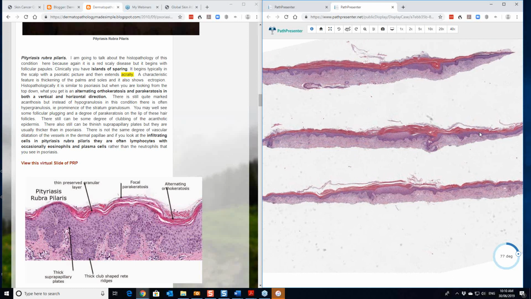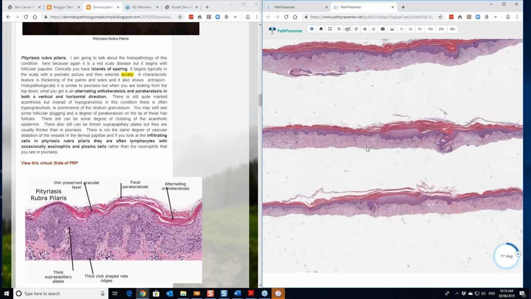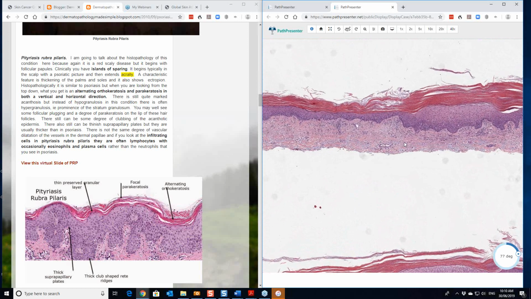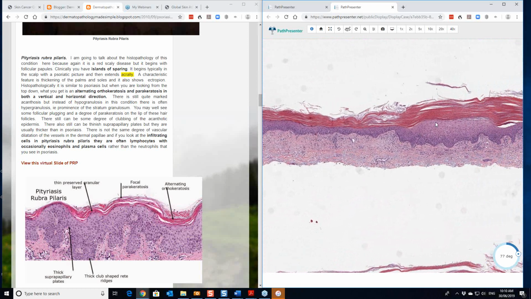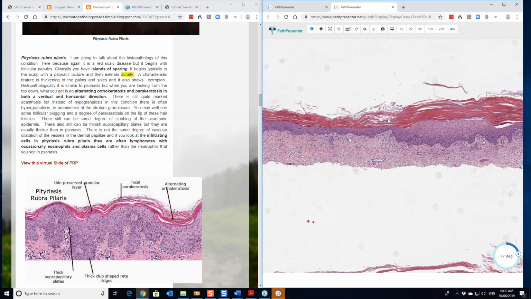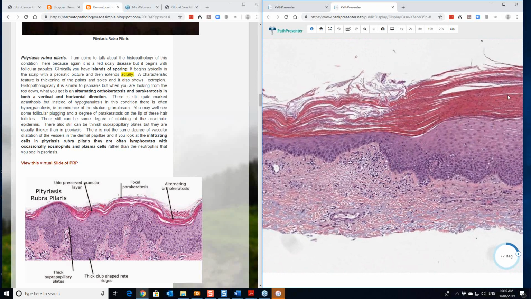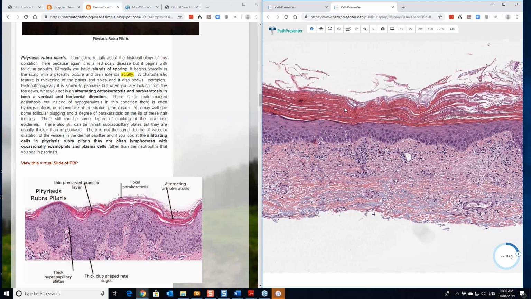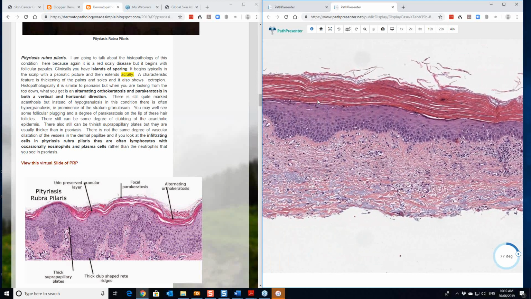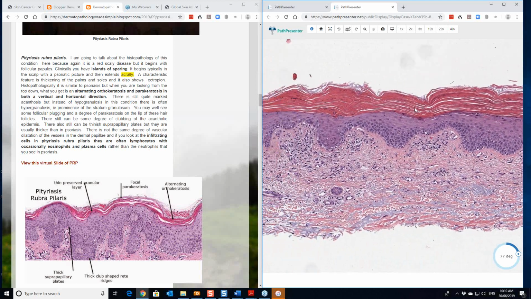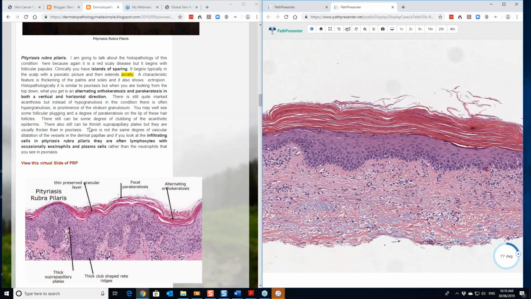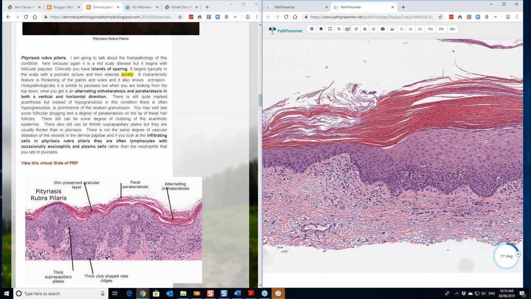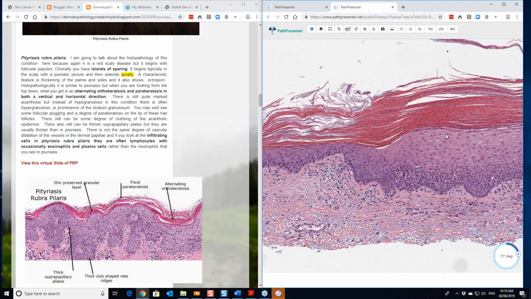There's a bit of hyperkeratosis, but if you look at that hyperkeratosis, what you see is this alternating parakeratosis with some orthokeratosis. So marked parakeratosis, a bit of orthokeratosis, a bit more parakeratosis, and is there a bit more ortho? Not as much. But it's usually this alternating ortho and parakeratosis that you'll see in the stratum corneum.